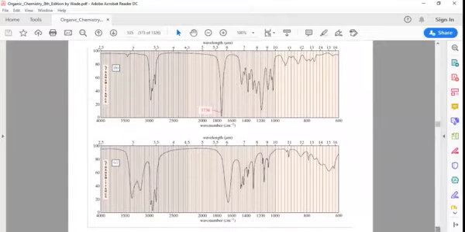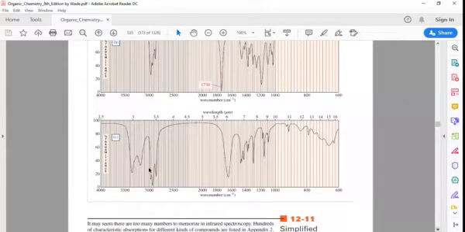Now this compound, you can see the very characteristic feature of this spectrum, and you have this very important peak here. The question is, what is it? The carbonyl group is there, but where is this carbonyl?